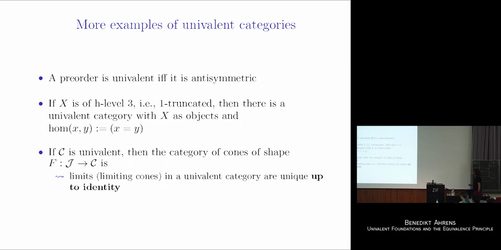If C is univalent, then the category of cones of any shape is univalent, and that means that in a univalent category, limits and colimits by dualization are unique up to identity, up to propositional equality, and not just unique up to isomorphism.